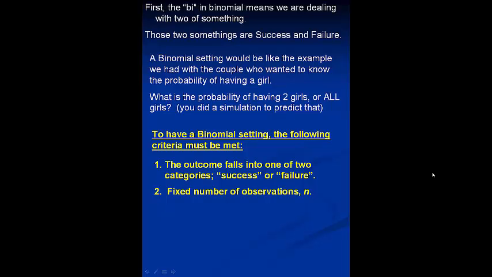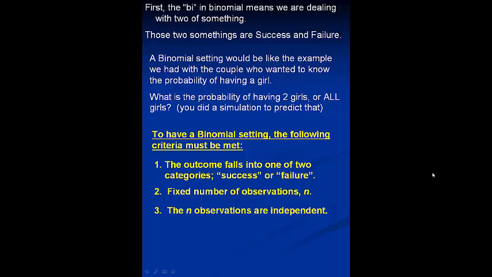So they'll always tell you how many they are looking at in that particular set. And that's a big deal, because that's going to differentiate binomial from geometric later on. So number 2, a fixed number of observations n. Always look for that in your problem.